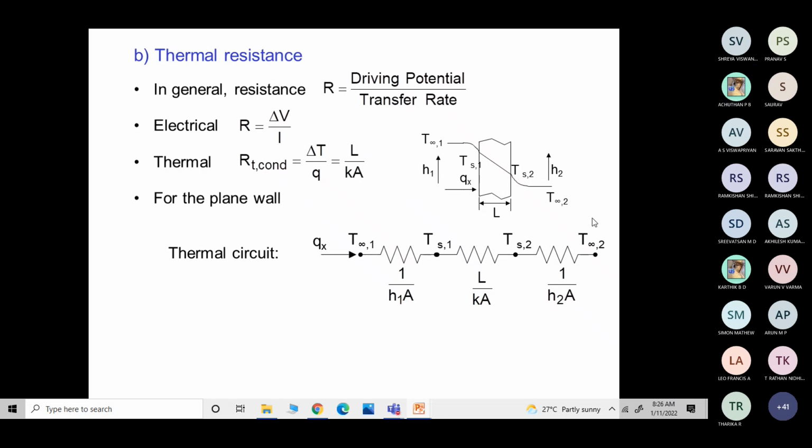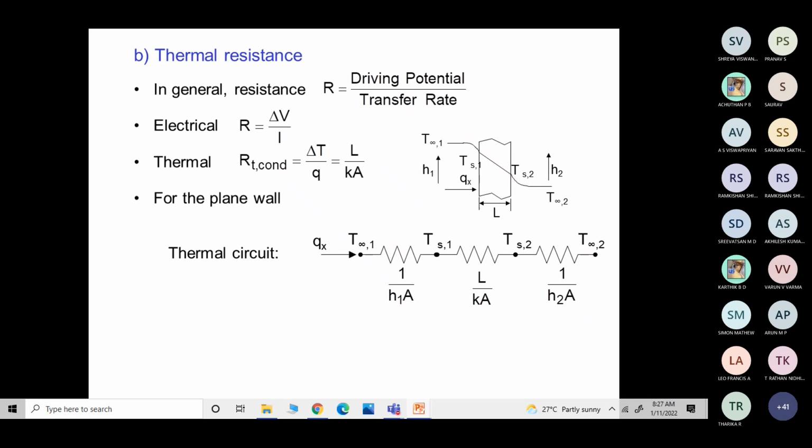And you will have three resistances. You will not have the conductive resistance alone. You will have a combo of conductive resistance and convective resistance. Is it fine, students?